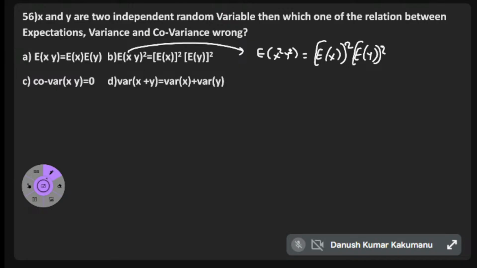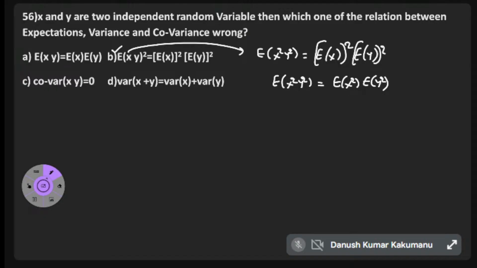Third option, correct or not? If x and y are independent, covariance of x comma y is 0. Variance of x plus y is variance of x plus variance of y. So this one is wrong. What is the correct answer? E of x square y square is equal to E of x square into E of y square, that is, the mean squared value of x into the mean squared value of y.